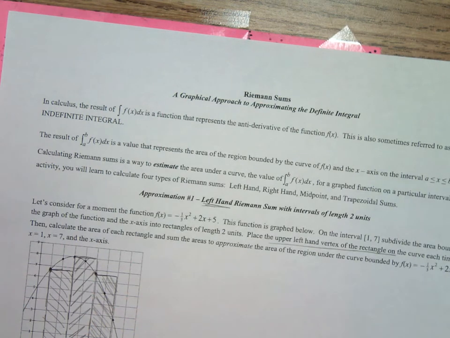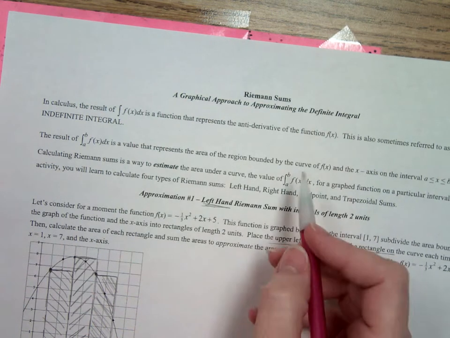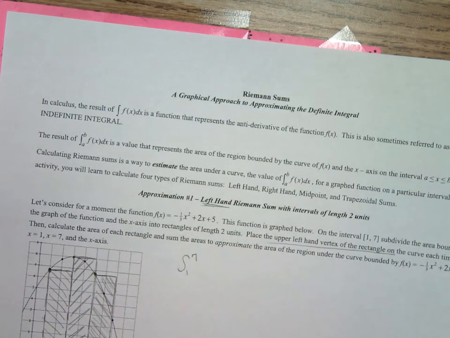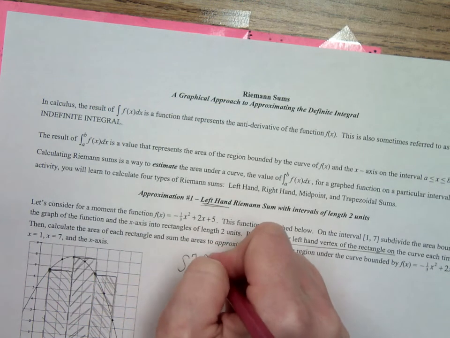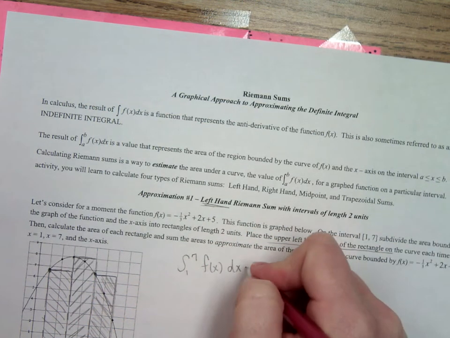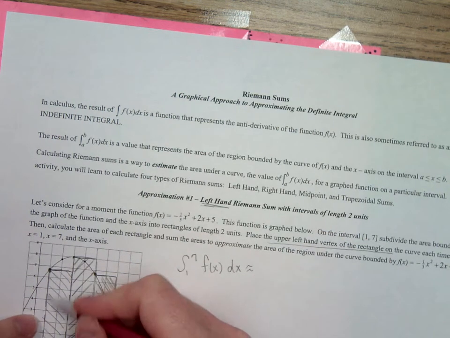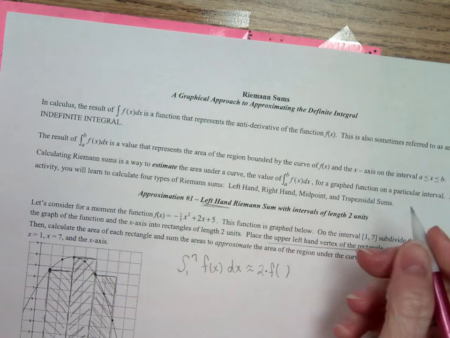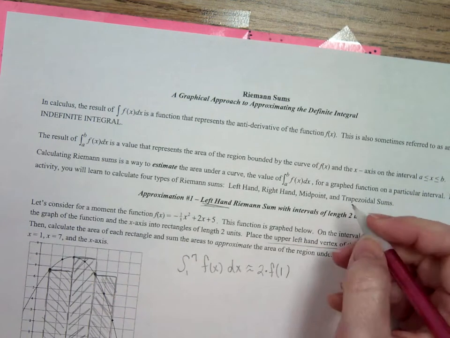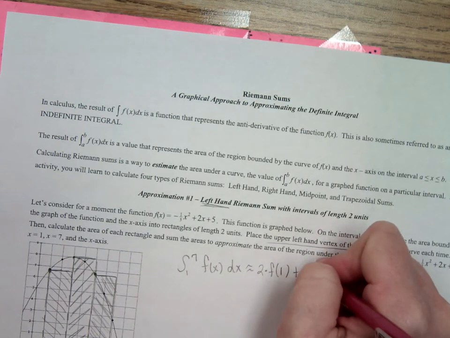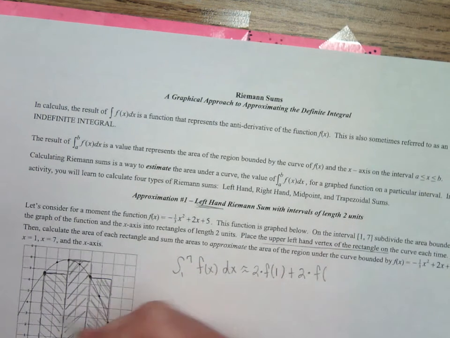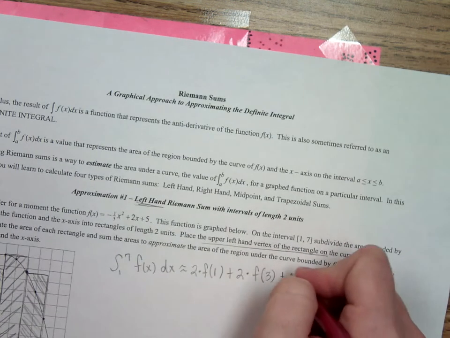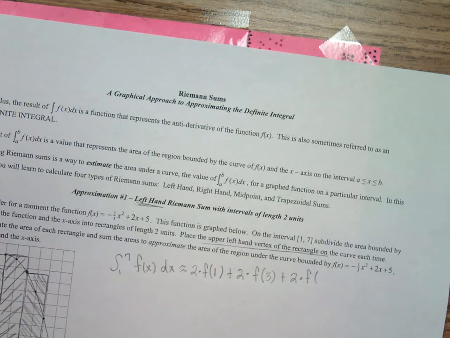So remember this, the estimate of this area is the integral from 1 to 7 of f of x dx, and it's going to be about, well, let's do this rectangle. That's 2 times f of what? 1. Plus this one, which is 2 times f of, where did that one start? Right here at 3. Plus 2 times f of, what's the last one?